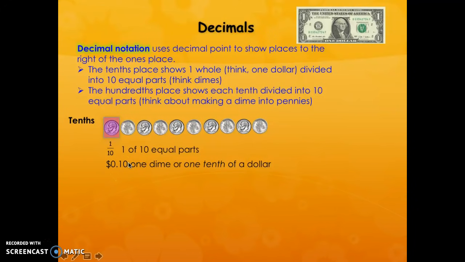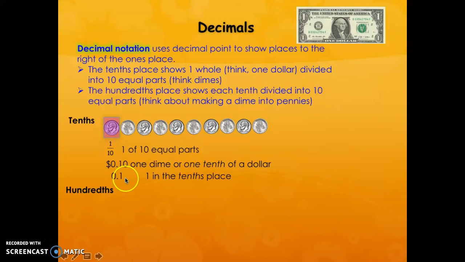I could keep adding and adding zeros here, but it would still mean 1/10 because we have a 1 in the tenths place. So if it's just regular decimal notation without it being written as money, notice that to the right of the decimal, we still have a 1 in both situations, a 1 in the tenths place, or 1/10.